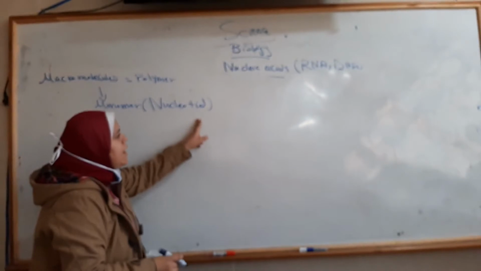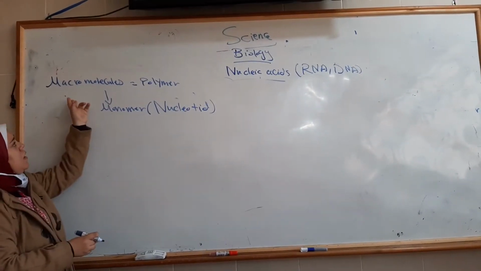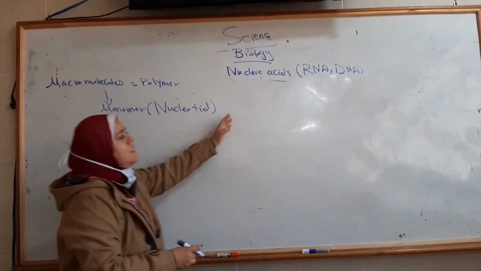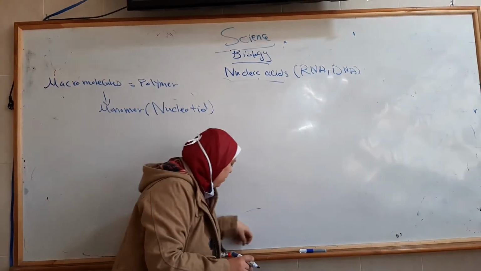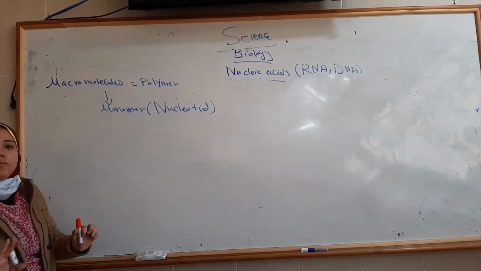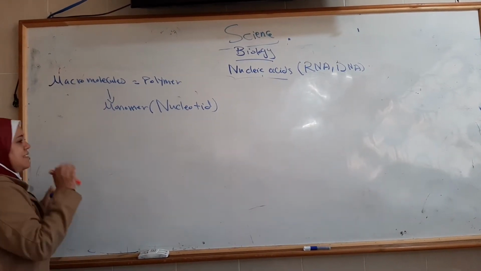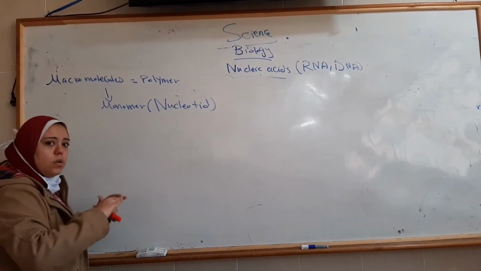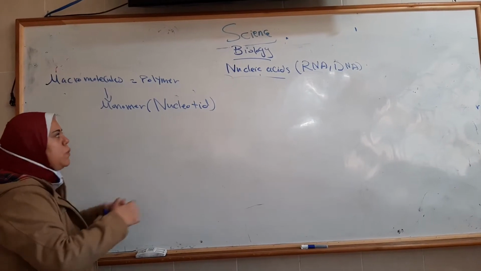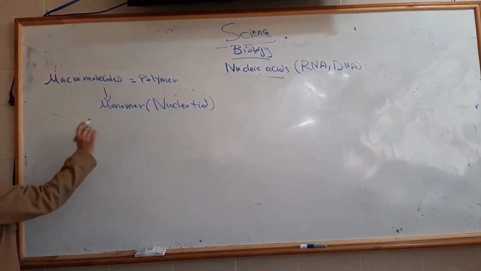So the nucleotide is the monomer of a polymer, and this polymer is a nucleic acid. First of all, I want to know the structure of this nucleotide, and whether it is the same in RNA and DNA or not, we will see later.